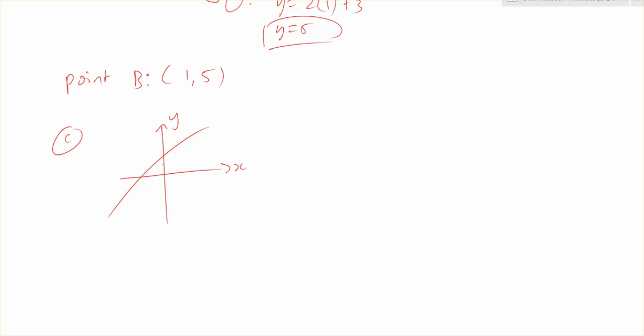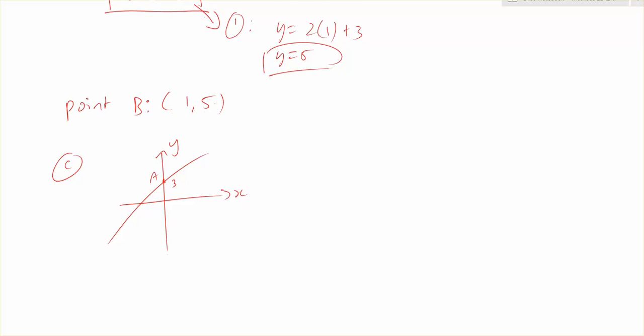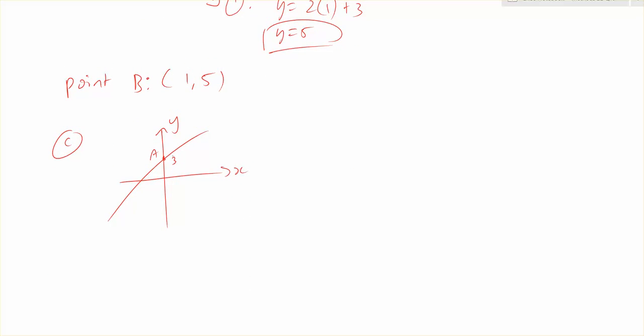We know that's point 3 and that's point A. We know that point B is (1, 5). So B would be somewhere here, and the coordinates of that is (1, 5). And the coordinates of A is (0, 3), because it's a y-intercept.